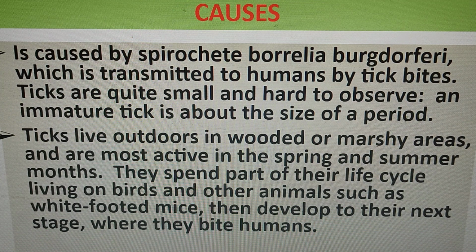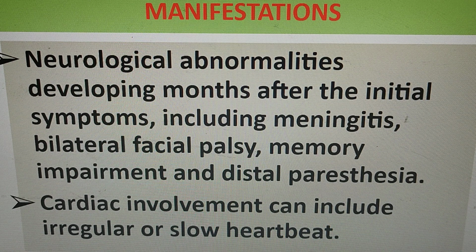Guys, be careful. Manifestations of this condition: neurological, pertaining to nerves, abnormalities developing months after the initial symptoms, including meningitis, inflammation of the meninges, bilateral facial palsy, memory impairment, and distal paresthesia.